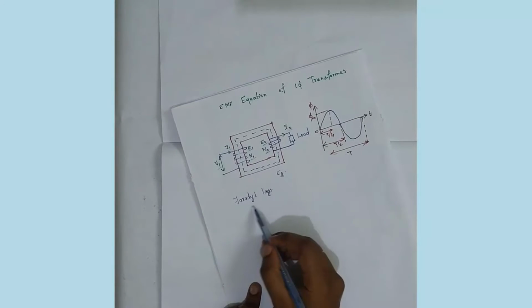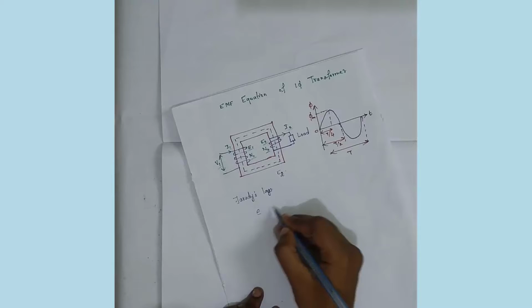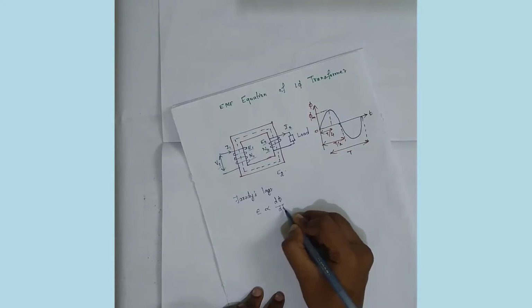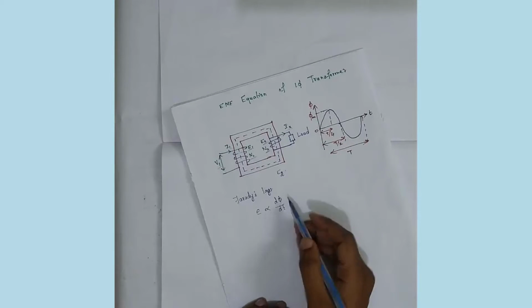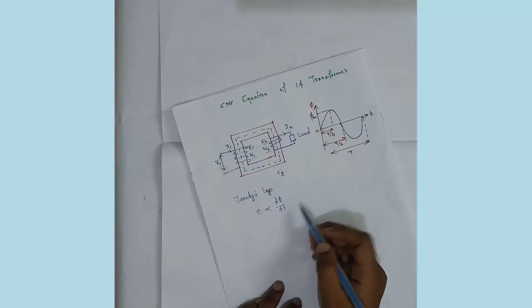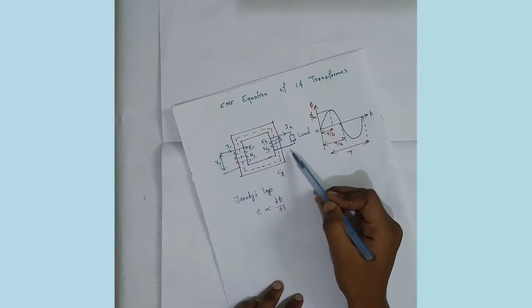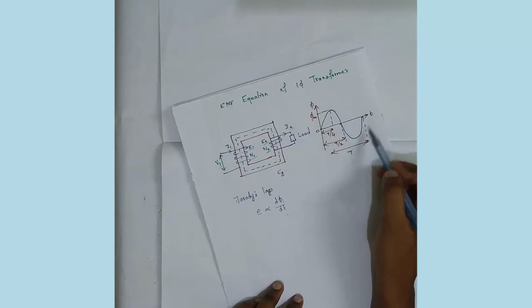According to Faraday's law, induced EMF E is directly proportional to d phi by dt, that is, the change of flux. When we give the AC supply, the alternating flux cuts the secondary winding, so I have drawn the alternating flux here.